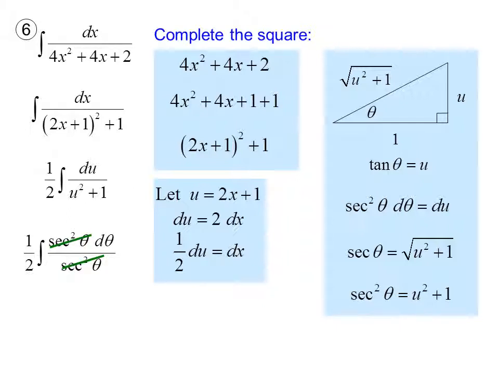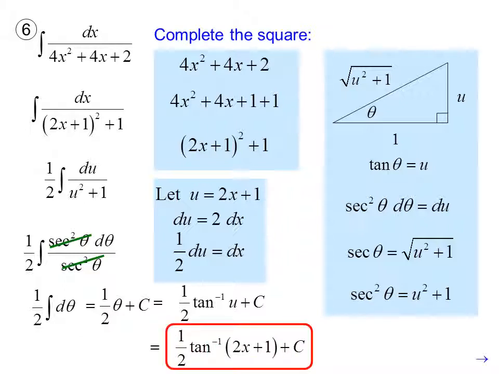Secant squareds cancel out, and we get 1/2 integral of d theta, which is 1/2 theta plus c. But since tangent theta equals u, theta equals inverse tangent u. So we have 1/2 inverse tangent u plus c. But u was 2x plus 1. So our final answer becomes 1/2 inverse tangent 2x plus 1 plus c.